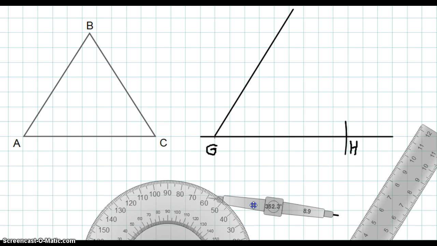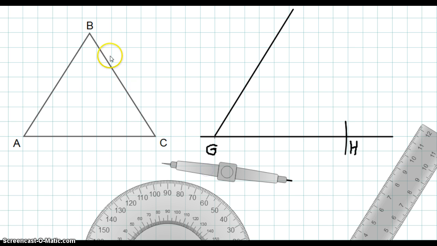So I can't focus on side length BC here, because we started off by focusing on line AC, and then we focused on angle A. If I then focus on line BC, angle A is not sandwiched between line AC and BC, so it doesn't work.